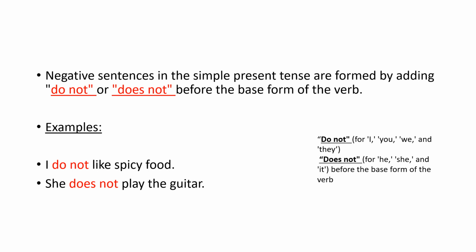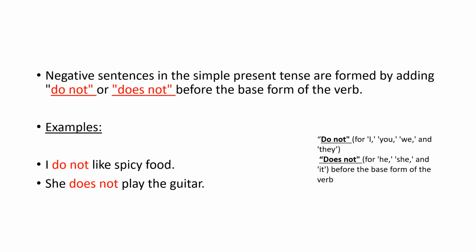Negative sentences. To form negative sentences in the simple present tense, we use do not for I, you, we and they, or does not for he, she and it before the base form of the verb.